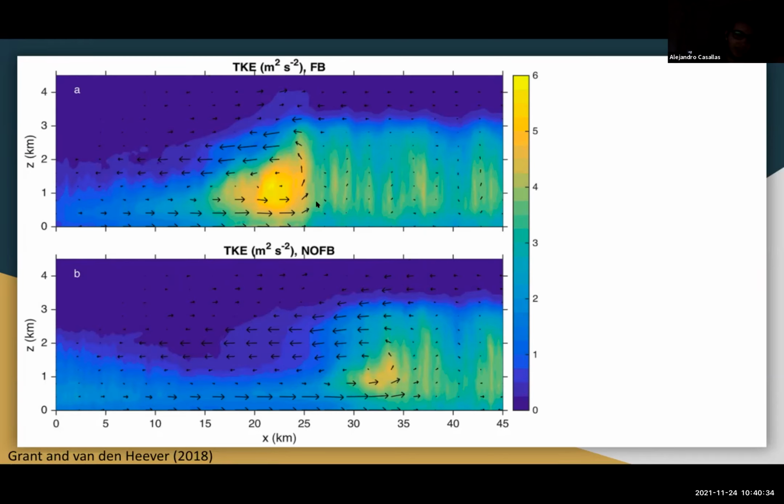So with land, the cold pools are smaller than without. So why is that? And the reason is the sensible heat flux. So for some reason, over land, the sensible heat flux starts to act really fast and starts to recover the cold pool really fast, so it cannot reach 36 kilometers, like without any land.